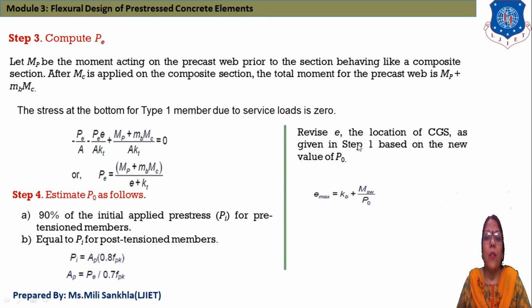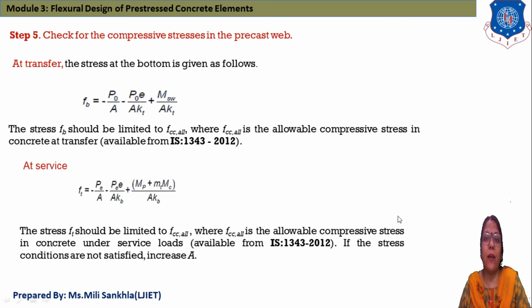Now revise E, the eccentricity. We revise the location of CGS as given in step number 1 and compute again the eccentricity based on the new value of PO, and that is maximum eccentricity KB plus MSW divided by PO. If the condition is not satisfied, then we again revise our eccentricity.